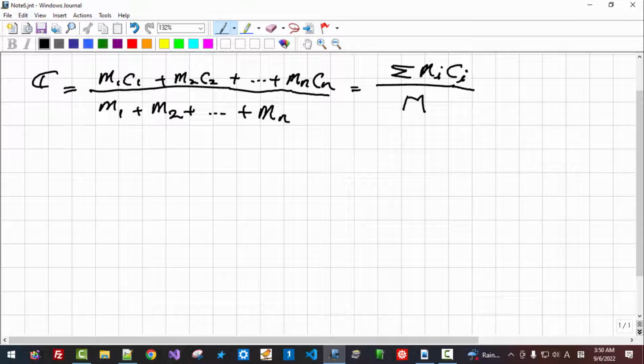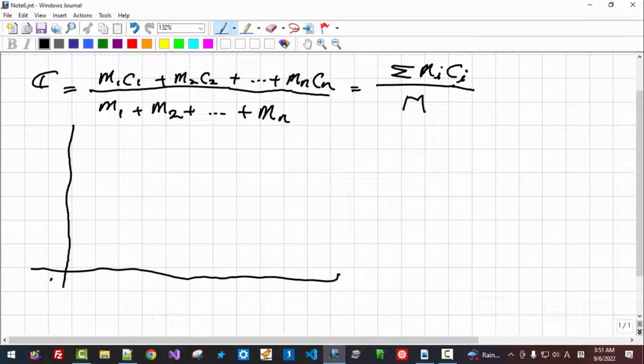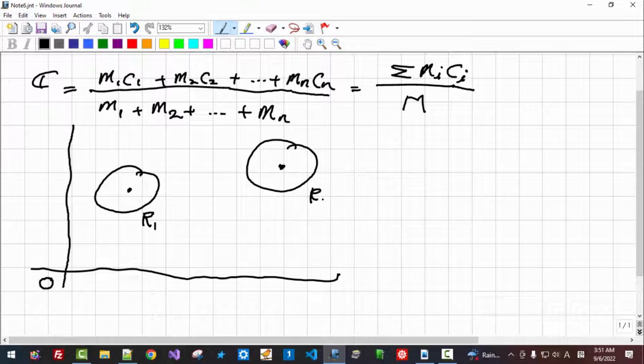We have a coordinate system. This is the origin. We have a solid object. I will label it R1. Here is another solid object. I will label it R2.